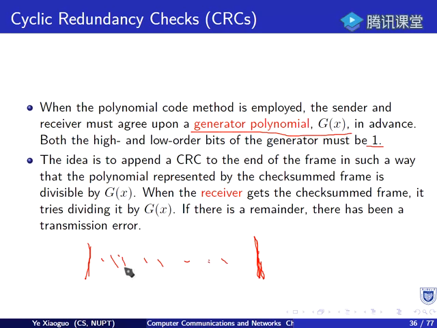So the idea is to append a CRC to the end of the frame in such a way that the polynomial represented by the checksummed frame is divisible by G(x).